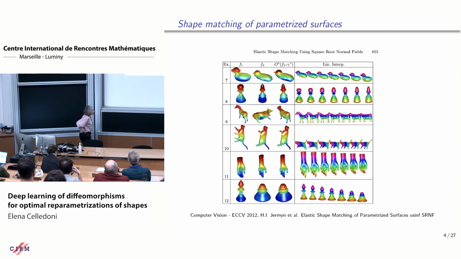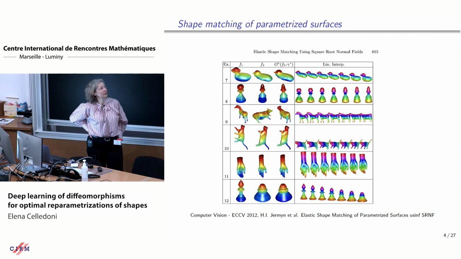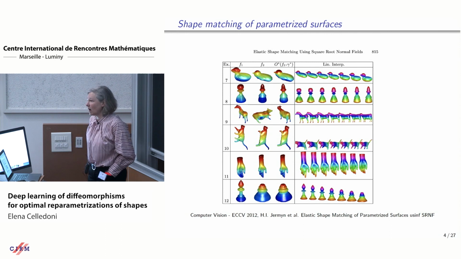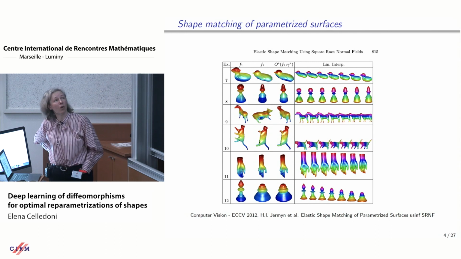Another example is this example here, where the shapes are surfaces. And here you see you have different shapes, and you want to map them one into the other, or transform one shape into the other.